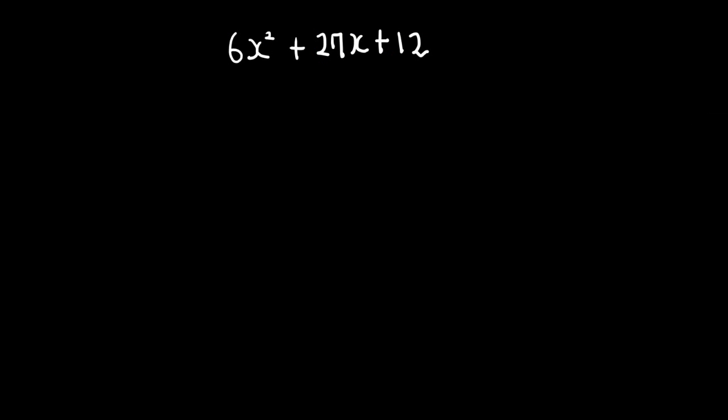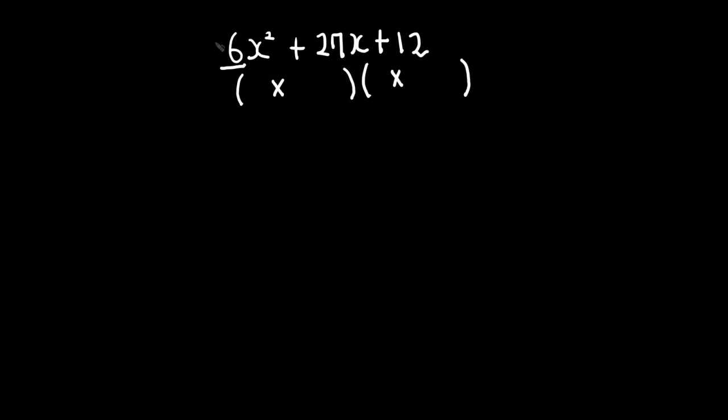So factoring the quadratic into binomials means we need to write this expression as a multiplication of two binomials. According to the binomial theorem, if the x squared coefficient is just 1, it will just be x times x, which makes 1x squared.